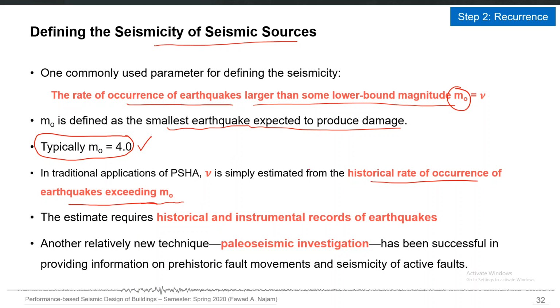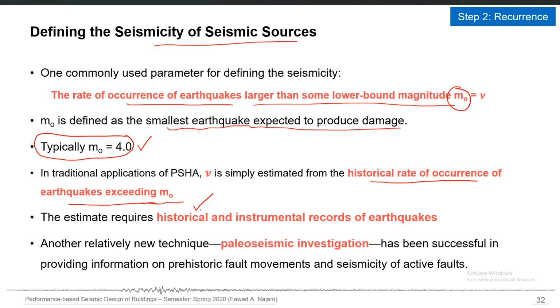We use the past data to show how active or how less active a particular source is. So the estimate of the seismicity of a seismic source requires two things.